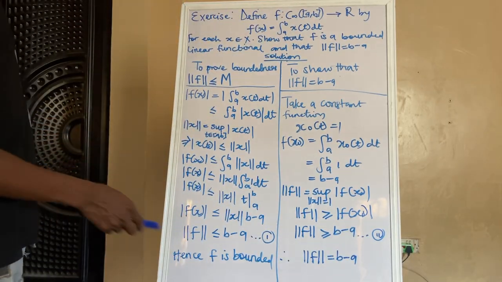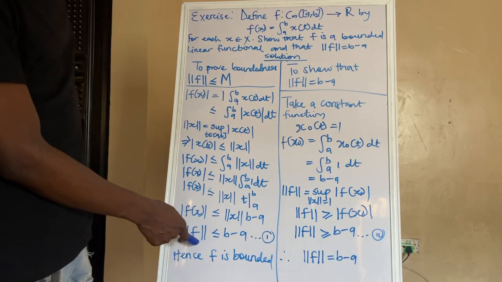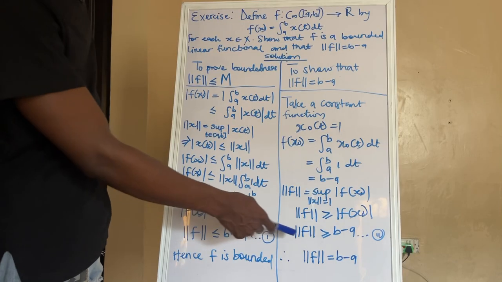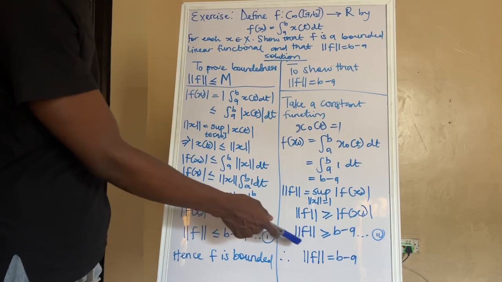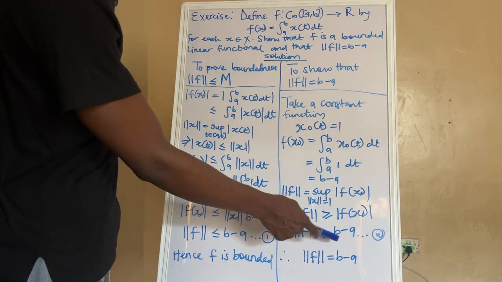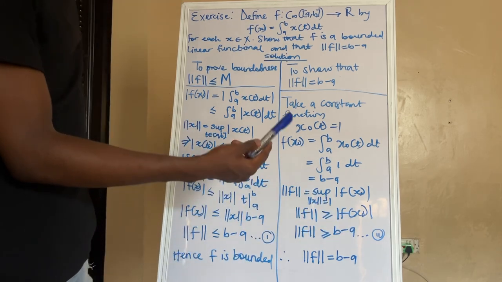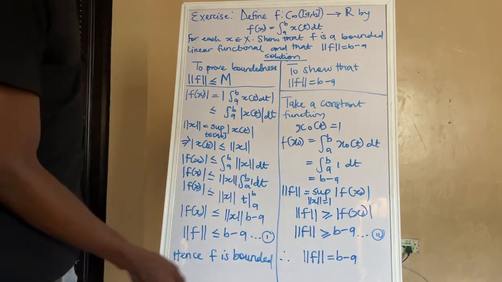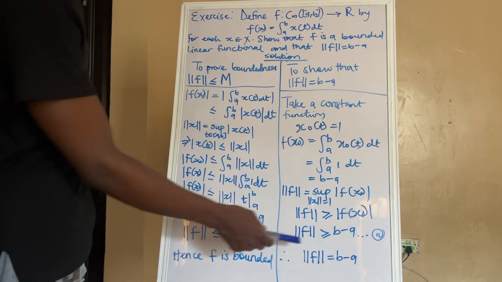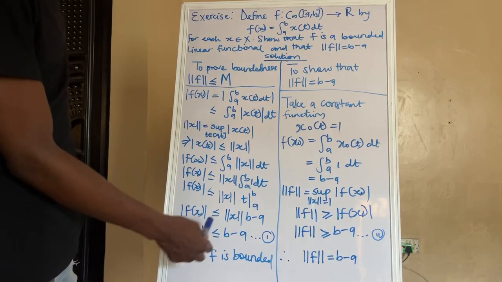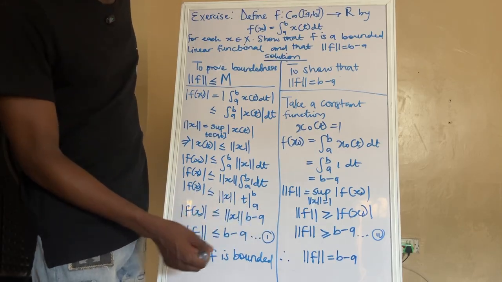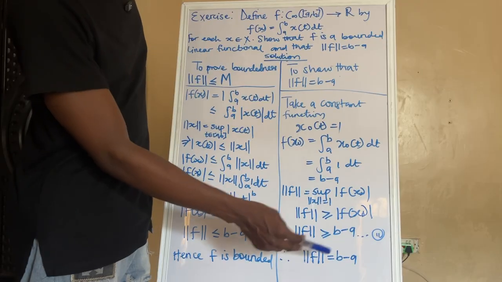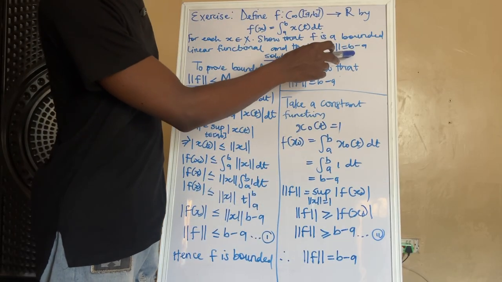So in inequality 1, we've been able to see that the norm of f is less than or equal to b minus a, and in inequality 2, we've been able to show that the norm of f is also greater than or equal to b minus a. That just implies that the norm of f is equal to b minus a, because if it's less than or equal to, and if it's greater than or equal to, that means it's equal to, because it cannot be greater than and less than at the same time. It can only be equal to, and that's why we're able to estimate the norm of f and prove that the norm of f is equal to b minus a.